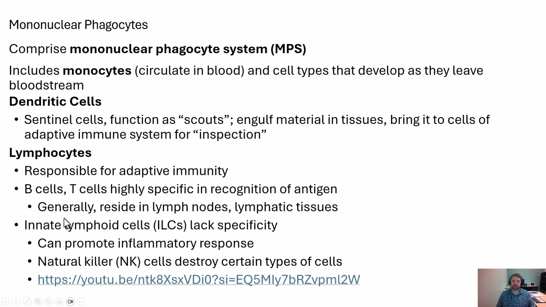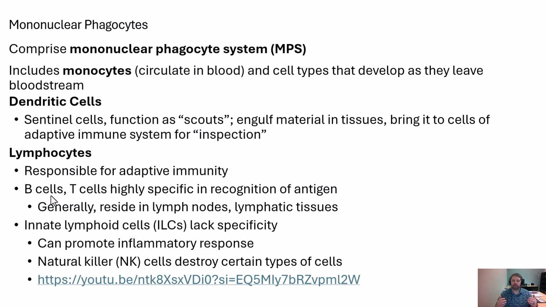Sometimes that is helping other cells by basically marking the foreign material. There's all kinds of things. And I also want you to make sure that you understand that not all of the adaptive immune system is not part of the innate immune system.